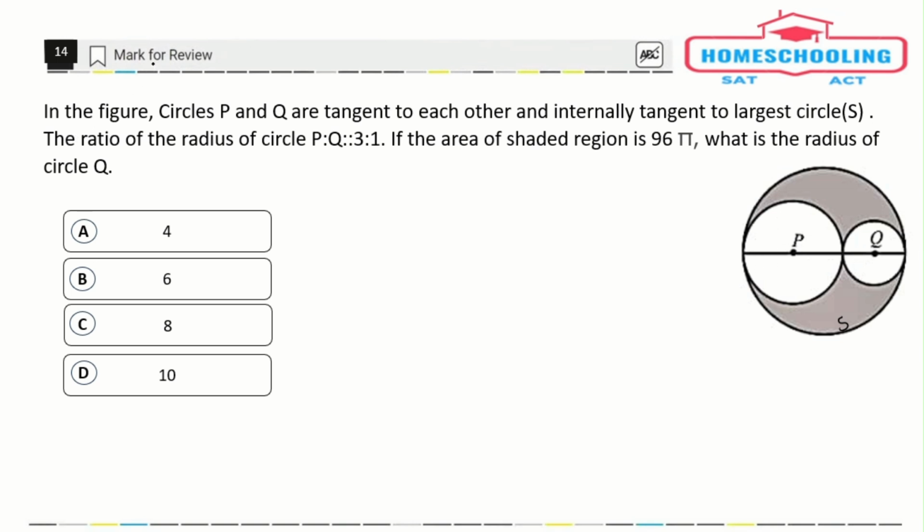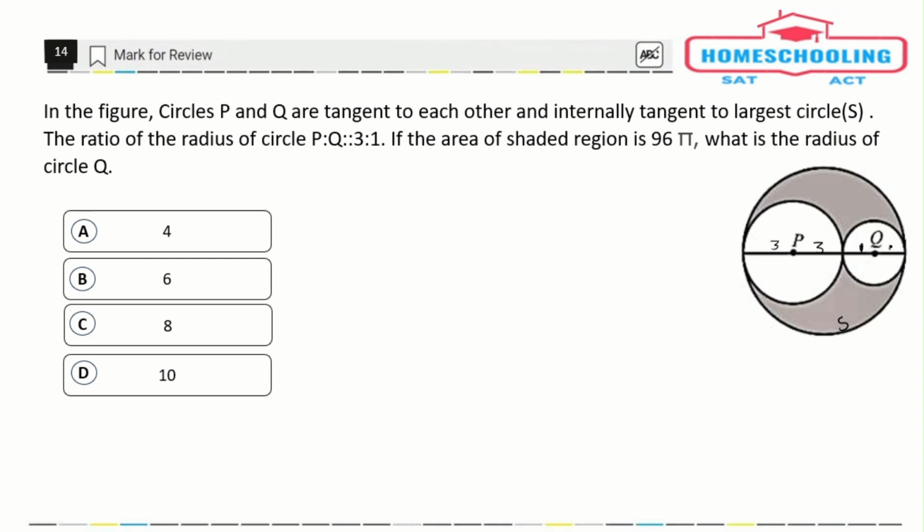As we know, the ratio of the radius of circles P and Q is 3:1. So the radius of P is, let's say, 3, and this one is 1. If this radius is 3, then this radius would also be 3. And for Q, the radius is 1.